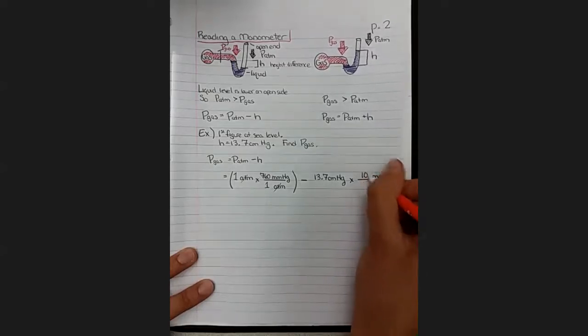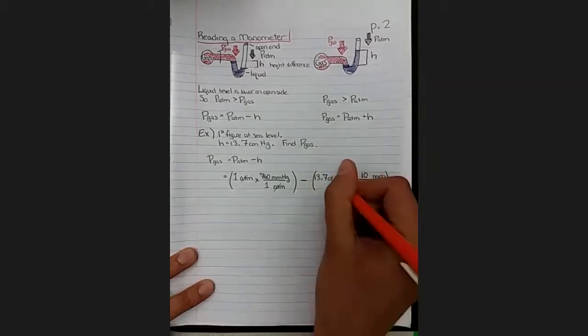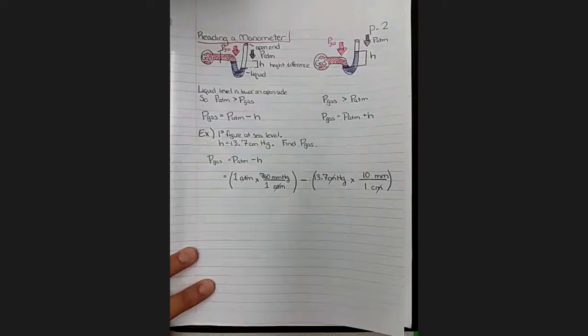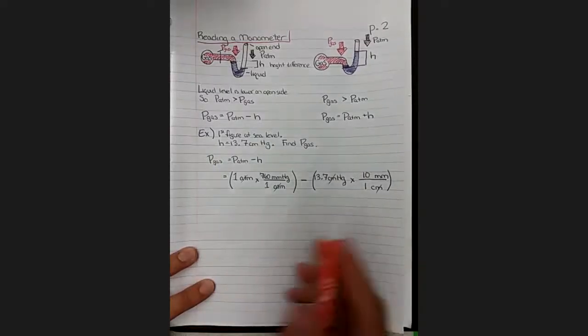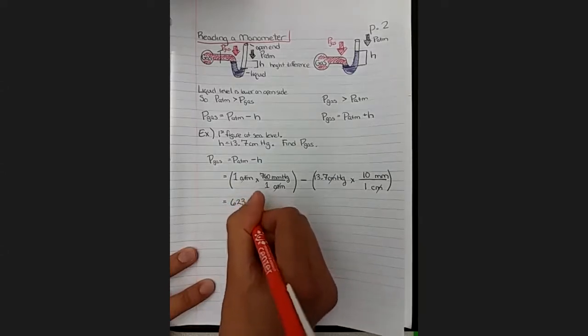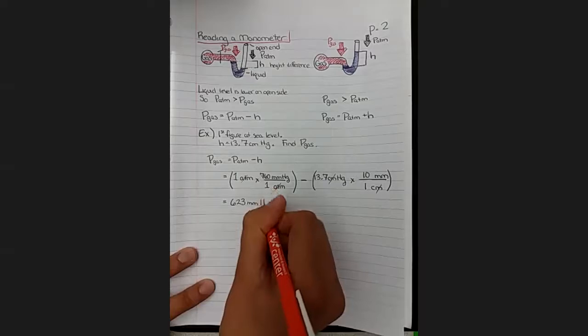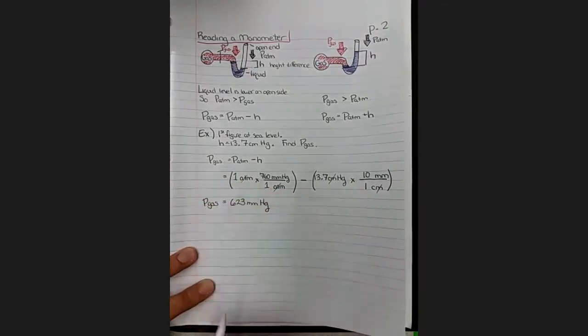The conversion is 10 to 1. And so that puts us in millimeters of mercury. So we've got 760 millimeters of mercury minus 137 should give us 623 millimeters of mercury for our gas pressure.